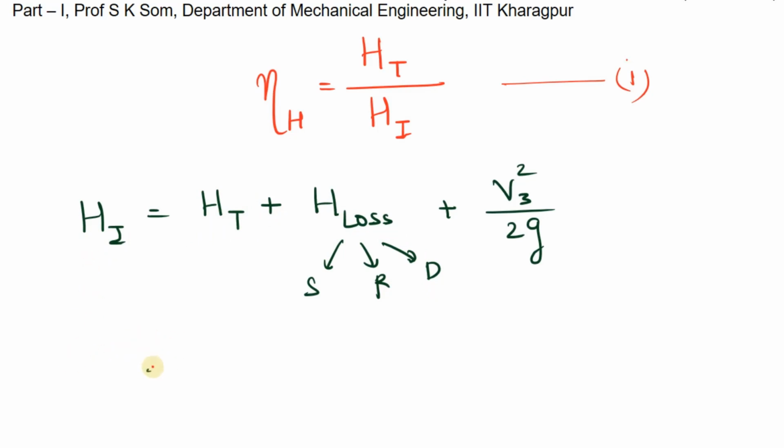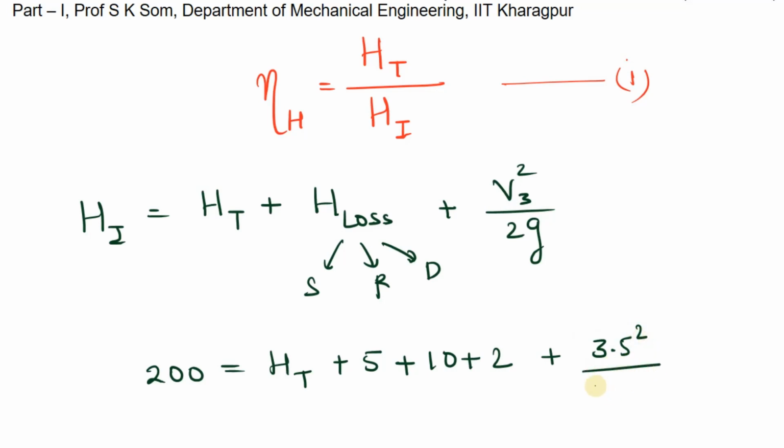So HI given in the problem is 200, right, is equal to, let's write HT plus, we'll add up all these head losses. So this is 5 for stator plus 10 for rotor plus 2 for draft tube, plus now V3, that is the velocity at the end of the draft tube, that is given as 3.5 meter per second.